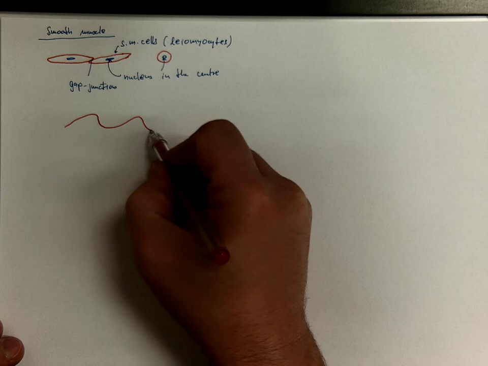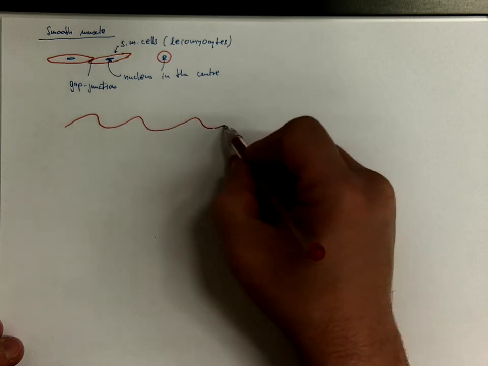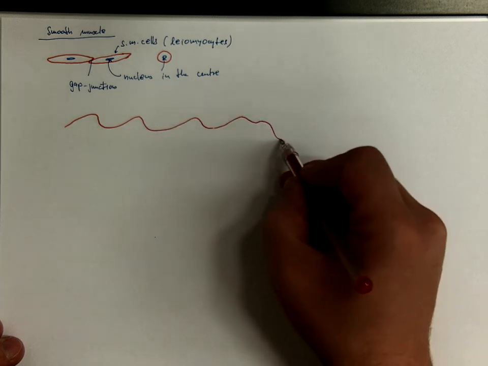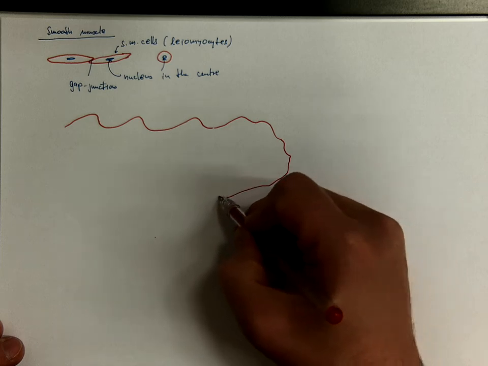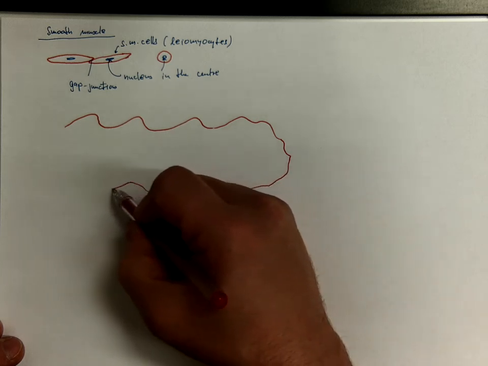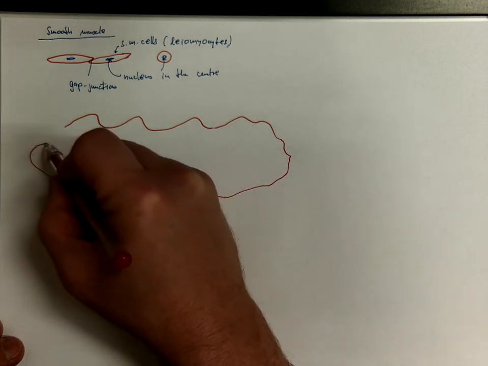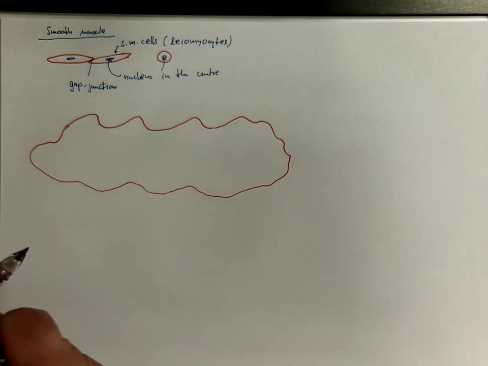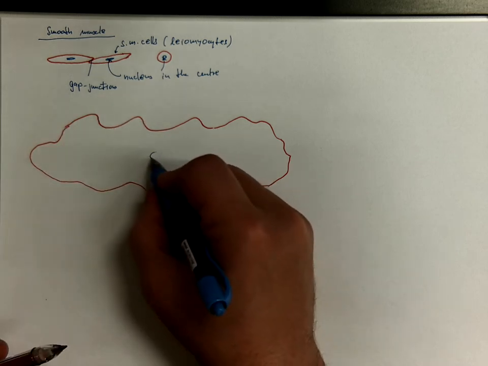If we look more closely, in more detail, the surface is not smooth. It has various invaginations. The nucleus would be here.